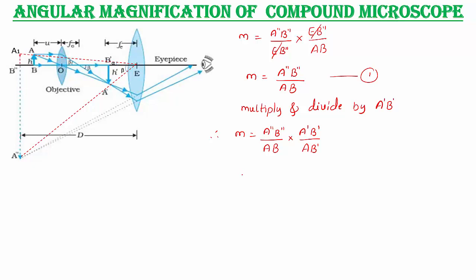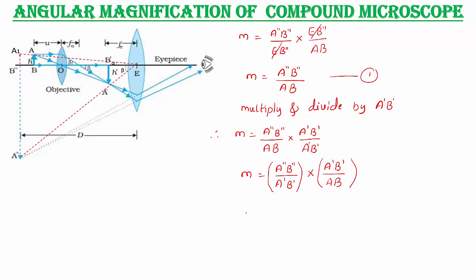Or we can write it as m equal to A double dash B double dash divided by A dash B dash, into A dash B dash divided by AB. Right? Now you can observe these two equations.